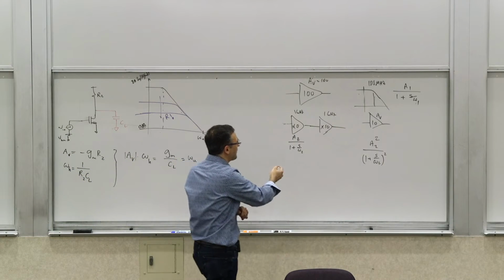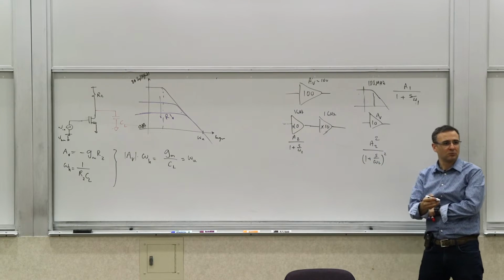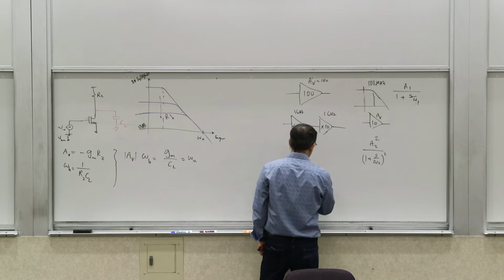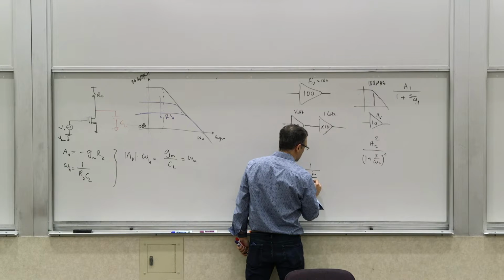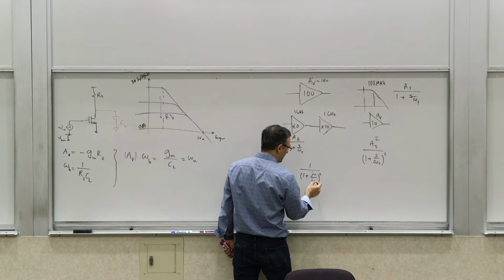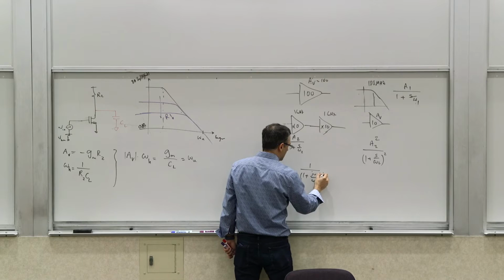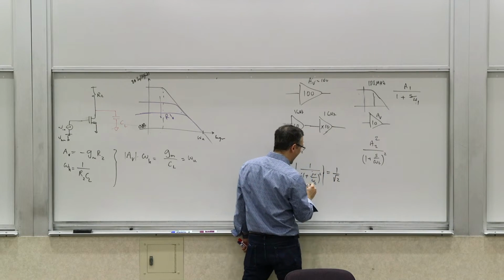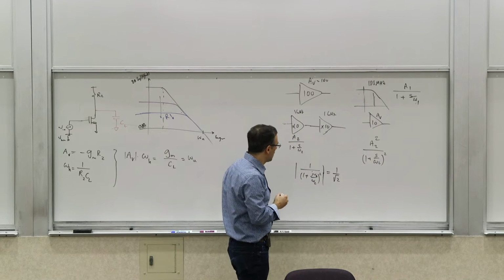So what is the bandwidth now? Well, I have to calculate the magnitude squared of this thing and set it to 1/2 and find the frequency. We want 1 over 1 plus j omega over omega 2, squared, and the magnitude of this thing has to be 1 over square root of 2 at the frequency of interest. So this is omega h of this compounded system. I need to solve this.